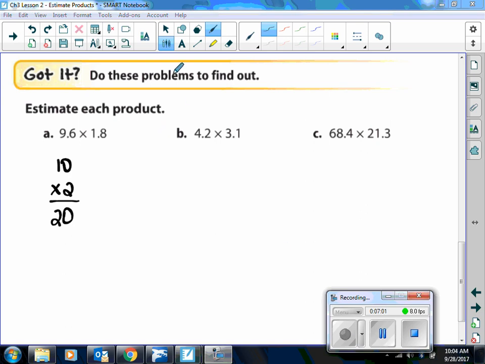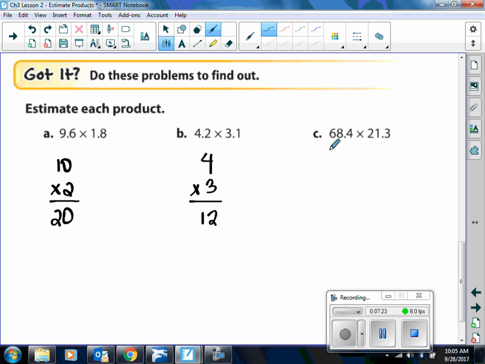All right, so letter B, we've got 4 2/10, so that's going to be 4, and 3 1/10, that's going to be times 3, so this is going to be about 12. You got it? So don't forget, you're rounding to the greatest place value, okay?